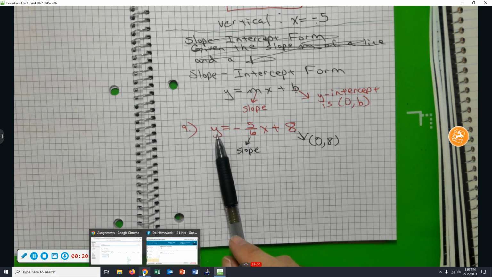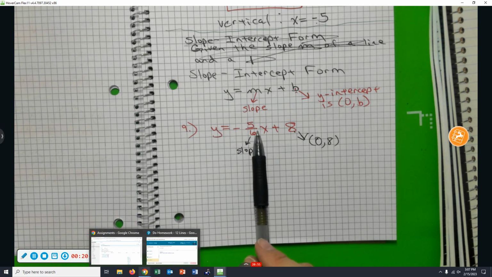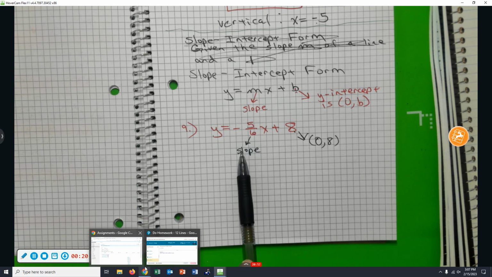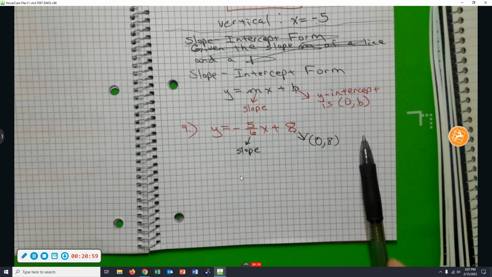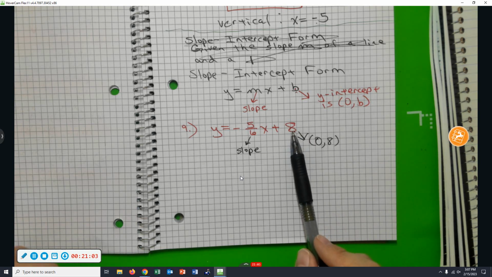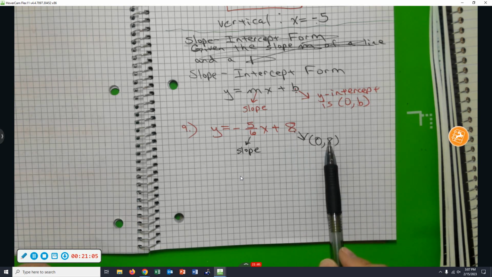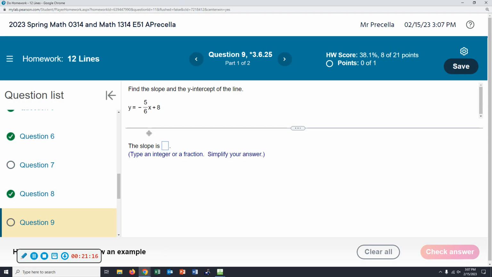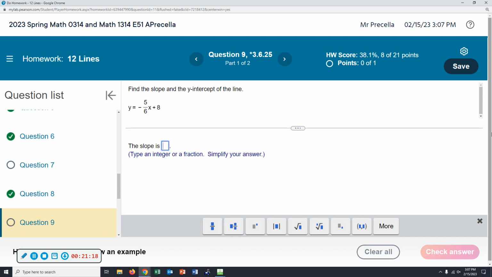If the equation is solved for y, I'm saying it again, the coefficient of x gives you the slope, and the y-coordinate of the y-intercept is that number right there, in this case 8. So, type it in. Slope is negative 5/6.